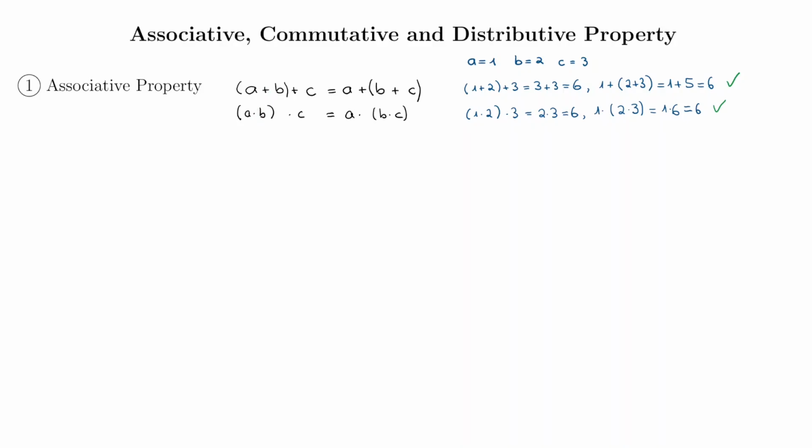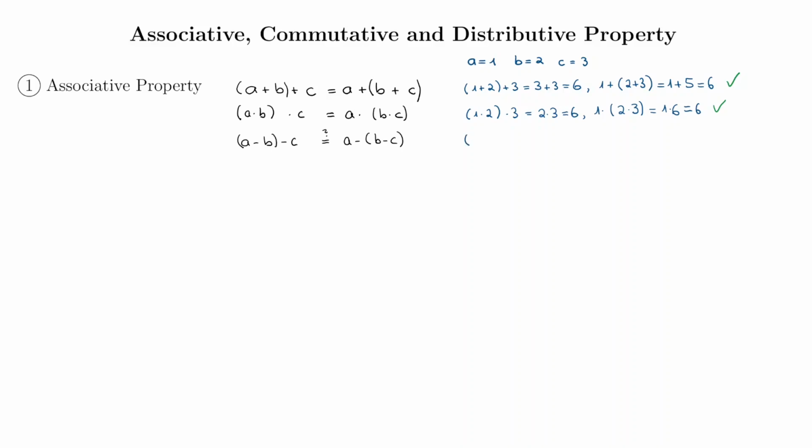But what about subtraction? Does subtraction also fulfill the associative property? What would that mean? If subtraction also is associative, that would mean that A minus B, minus C, is the same as, but we have to look if this is actually true, A minus opening bracket B minus C. So let's have a look at our examples.